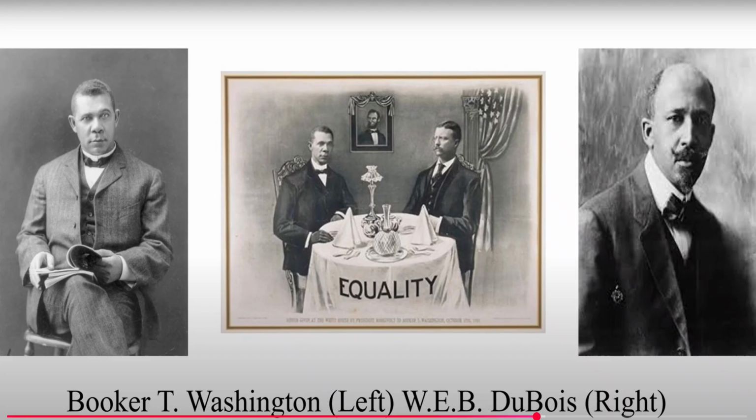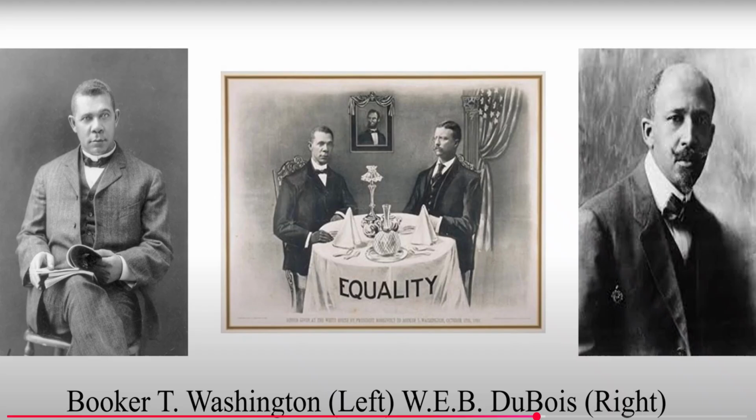and the two over time diverged, with Du Bois focusing more on direct political action as opposed to the racial uplift of Booker T. Washington. Also, Booker T. Washington did not really want African Americans to leave the South in large numbers. He wanted them to stay in the South and work together to better life for African Americans in the South. Du Bois spent a lot of time outside of the South in the North as well.